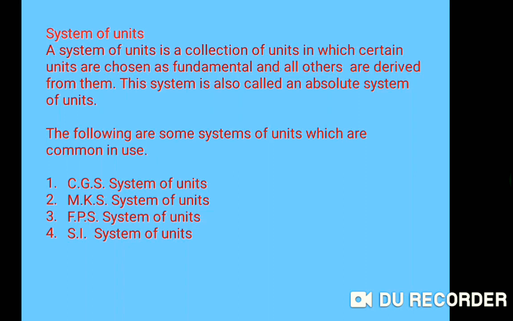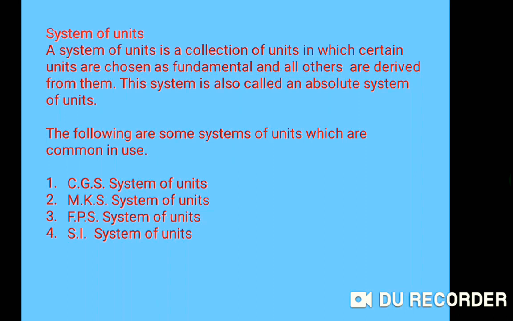This system is also called an absolute system of units, in which we discuss a few systems, which are first CGS system, second MKS system, third FPS system, and fourth one is SI system.